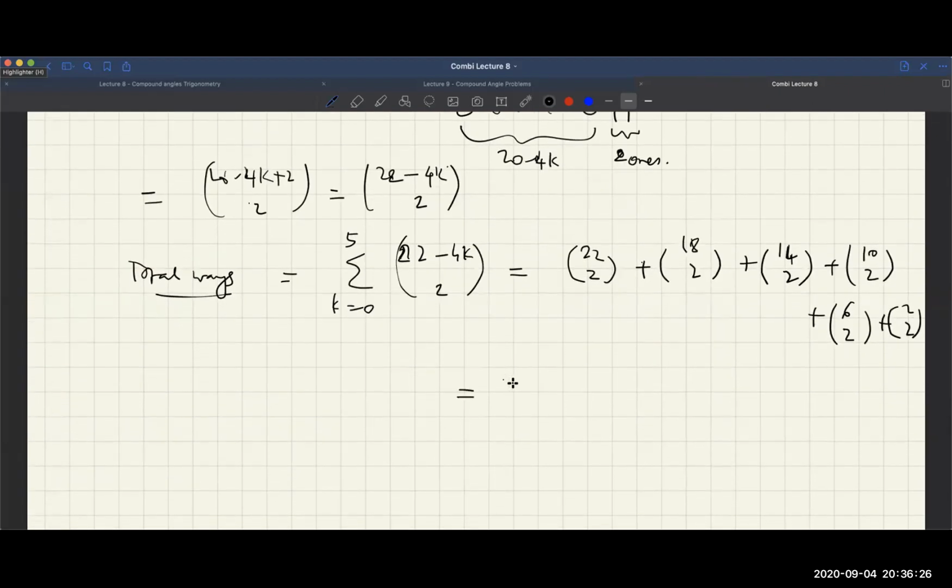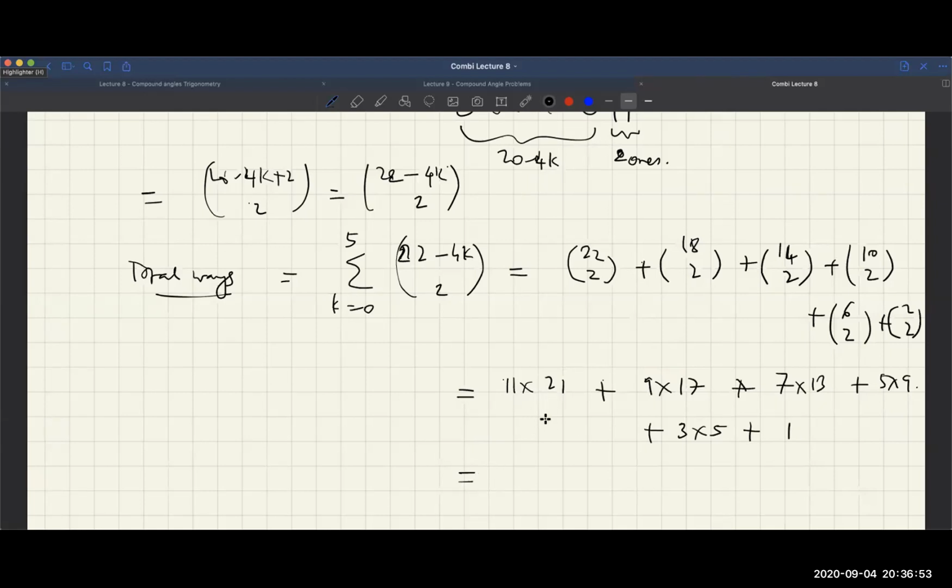So this will come out to be 11 into 21 into 22, no, 11 into 21, plus 9 into 17, plus 7 into 13, plus 5 into 9, plus 3 into 5, plus 1.